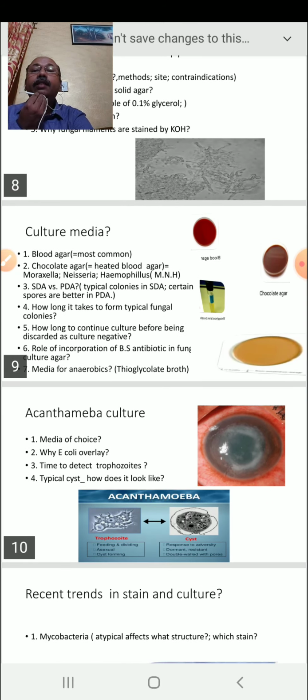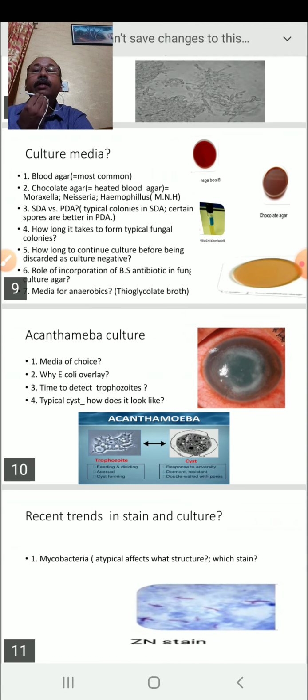Now comes the culture media. These are the commonly used culture media, of which blood agar is of main importance. It is the most commonly used culture media. Then comes the chocolate agar, which is nothing but heated blood agar. Now there are certain organisms which preferentially grow on the chocolate agar.